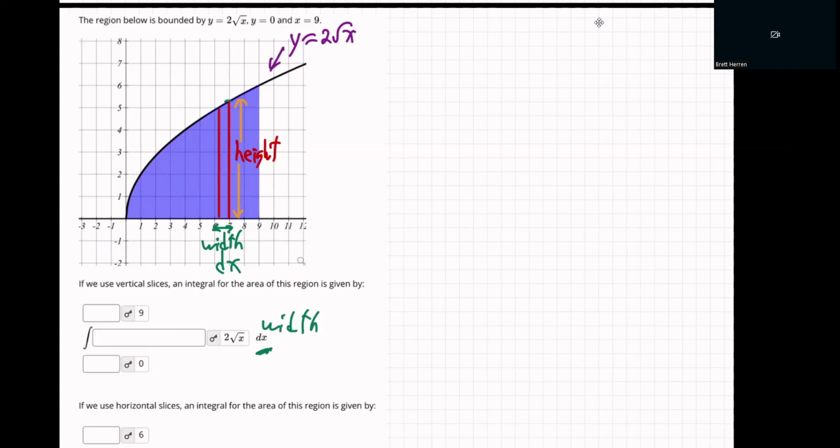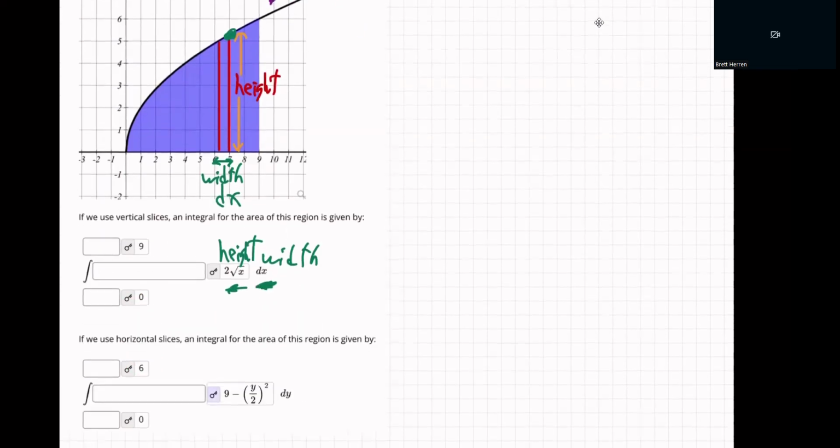Well, the height is all the way up to that, which is y. So it's 2 root x as we have it right there. That's the height. So let me write that for us. The height times the width. The height is the y value, which is 2 root x, and the width is dx. And we're going from 0 to 9. Okay, so that one's not too bad.